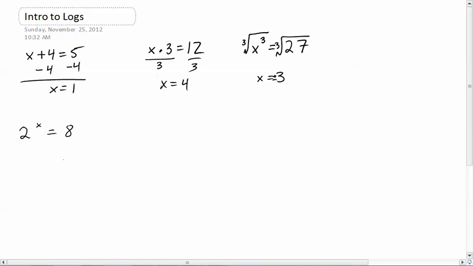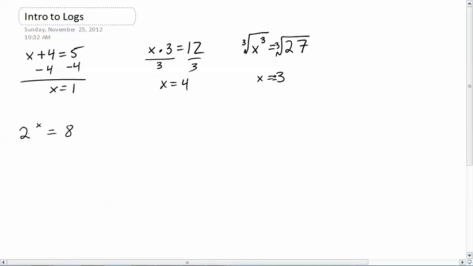Well, we would have to have some other way of doing it. I need to get x by itself. That's what I did in all of these other situations: I did what I needed to do to isolate x. Here I have 2 to the x power, so the problem is I need to get rid of this 2. Doing the square root isn't going to work because the square root gets rid of the exponent. So what do I need to do to get rid of this base 2?